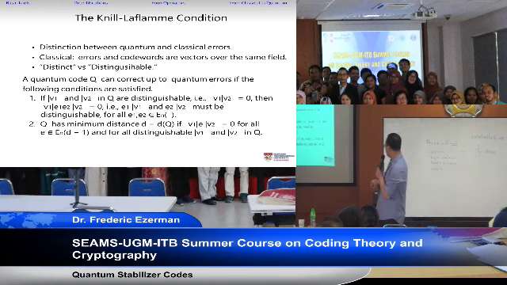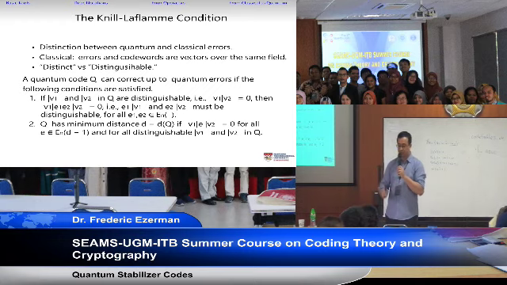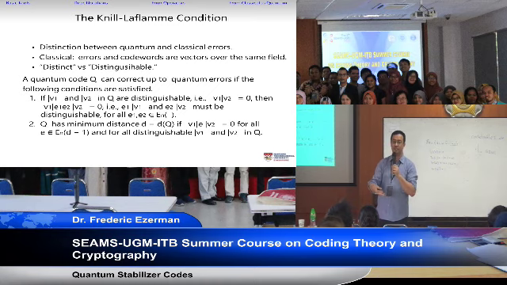If I collect all of the error operators up to weight L, and I take any two error operators from that set, if I start out with two distinguishable quantum states, after the errors act on them respectively, the changed states are still distinguishable. Originally distinguishable, take any two error operators, apply them respectively, they are still distinguishable.